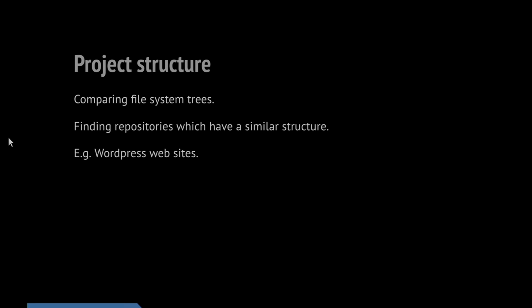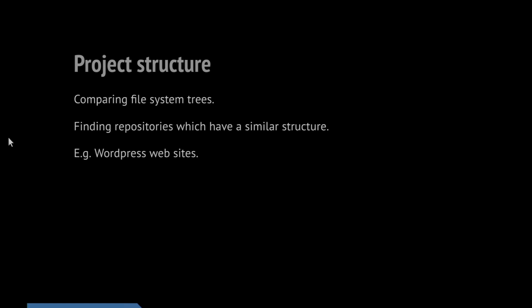I don't know, Django requires you to put your models into one folder, your views in the second folder, you place your templates in the third folder, and yeah, the same for PHP, the same for other languages, Ruby on Rails, and if you just compare the structures, you will find a lot of similar projects using the same technology.